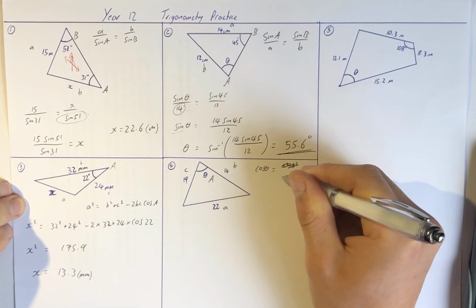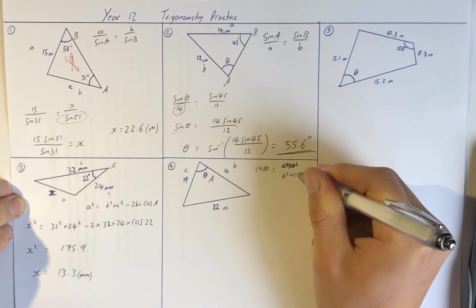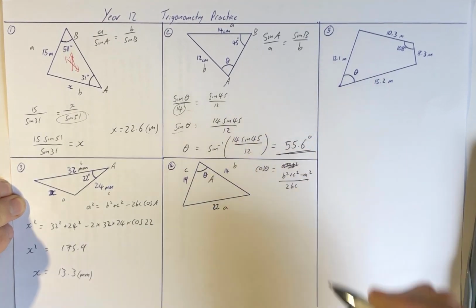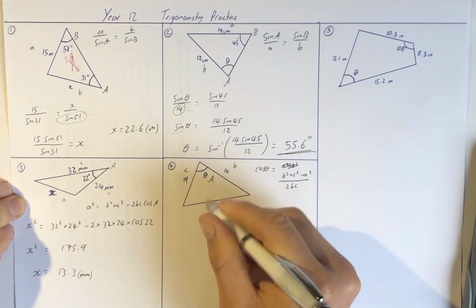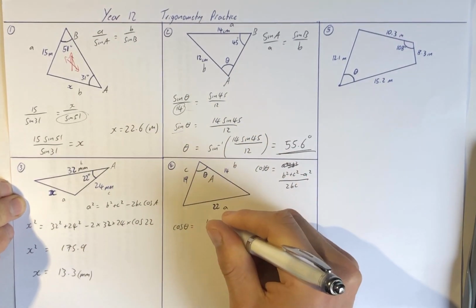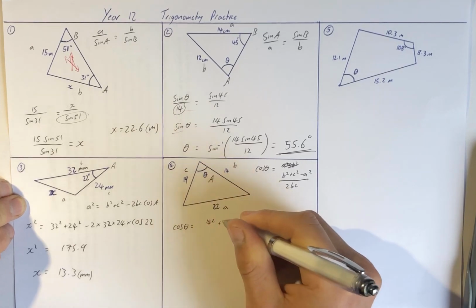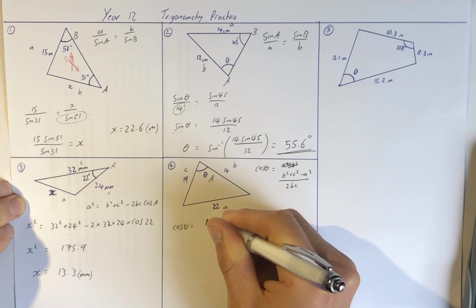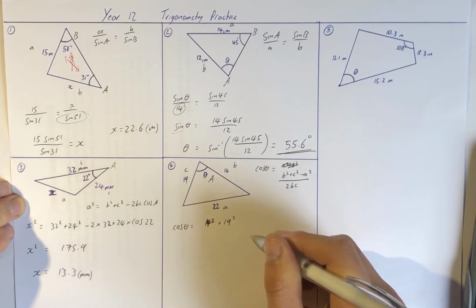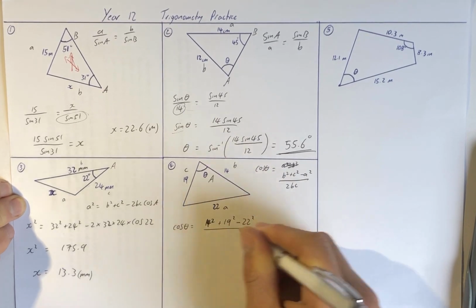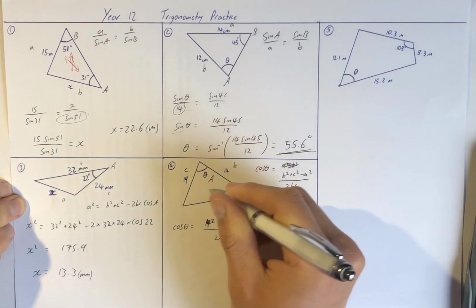Oh, sorry, that's going to be b squared plus c squared minus a squared all over 2bc. So cosine theta is going to be b squared plus c squared. Try to write this a bit clearer. 14 squared minus a squared all over 2 times b times c.